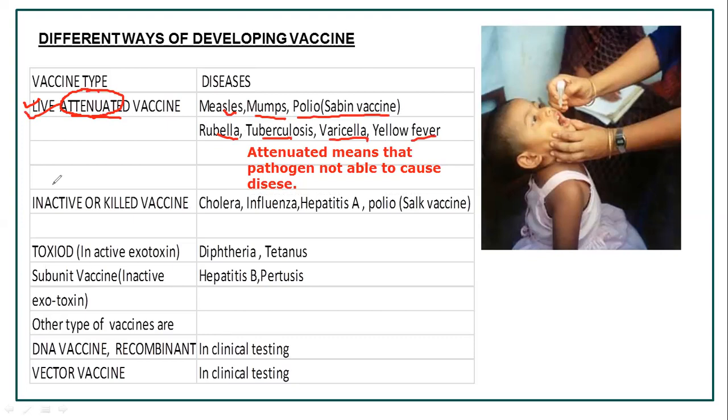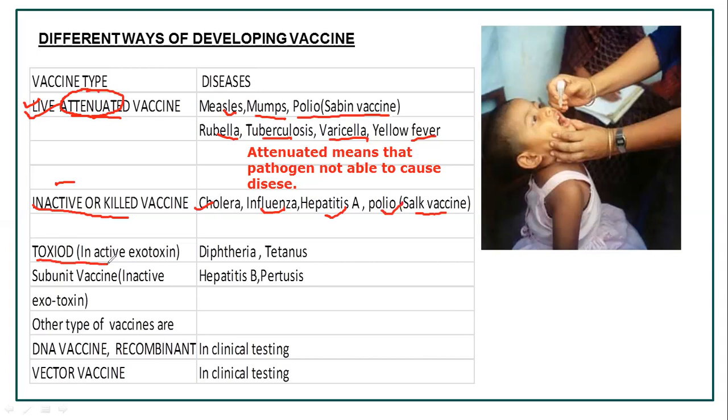Inactivated or killed vaccines use an inactive pathogen to develop immunity. Examples are cholera, influenza, hepatitis A, and polio, as in the Salk type of vaccine. These are inactive or killed vaccines. Toxoid vaccines use toxins of the pathogen.